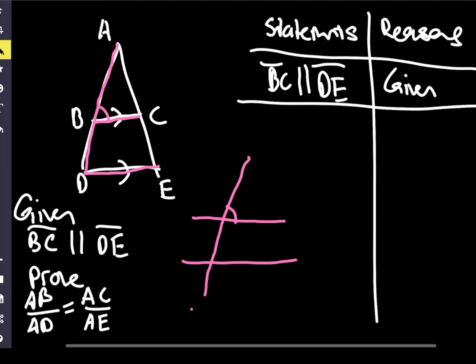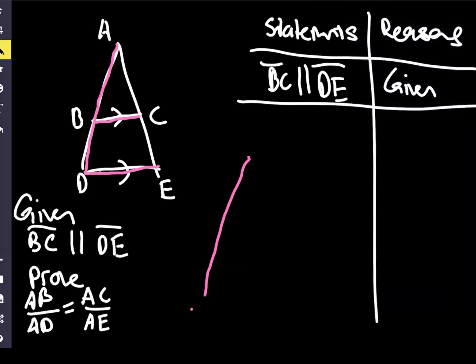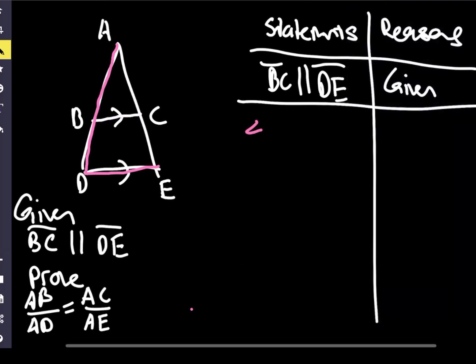Well, in this case, we know that when a transversal cuts two parallel lines, corresponding angles are congruent, meaning that this angle below this would be congruent. So you would say that angle ABC, or whatever, I'm just going to write angle B, is congruent to angle D.